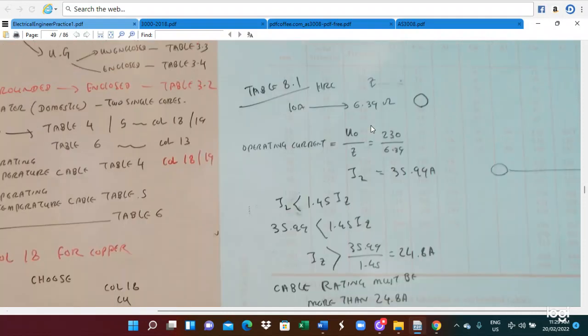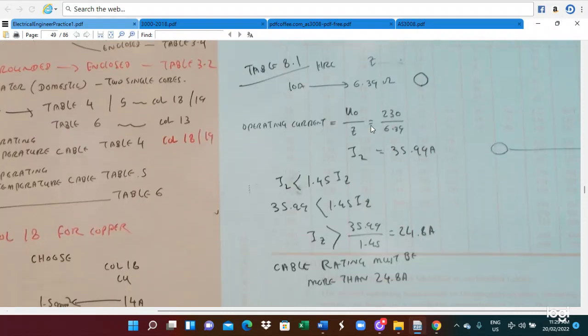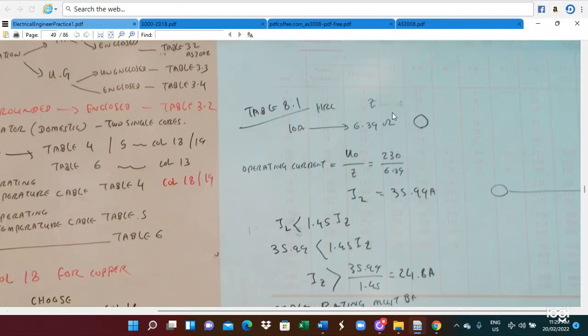So in this case, how to determine the operating current as well? To determine the operating current, we use an HRC fuse. Approximate table 8x1 is 6.39 ohm. So this is the table 8x1 of the HRC fuse.